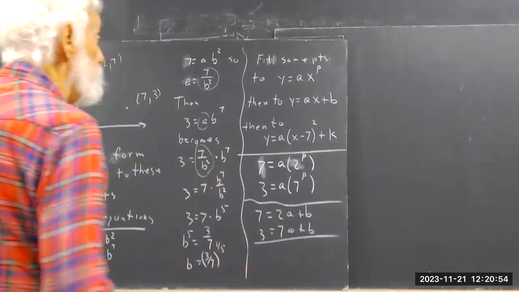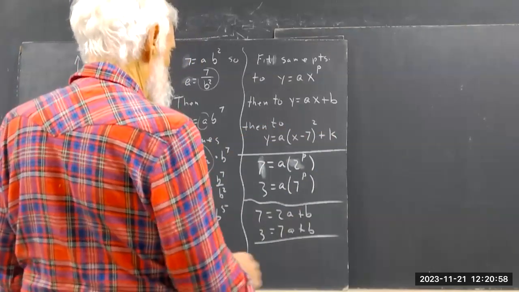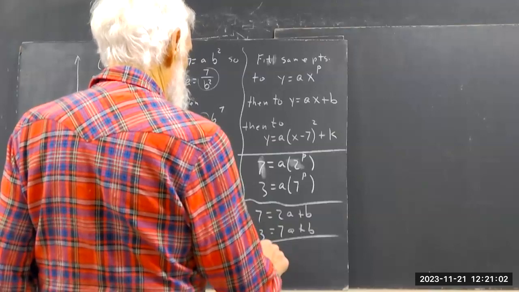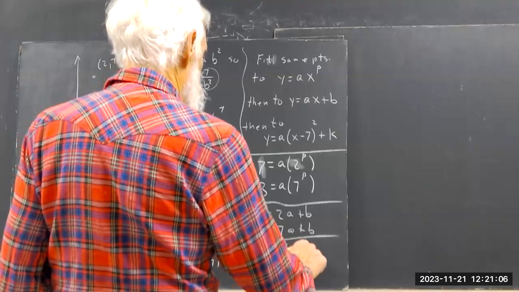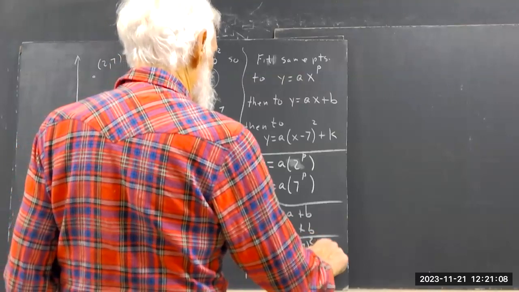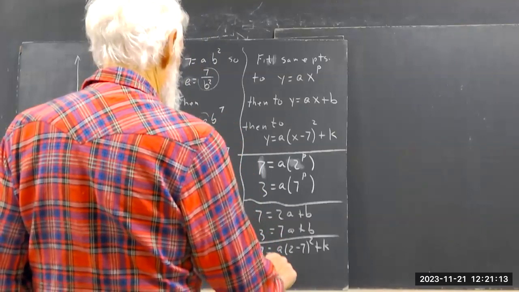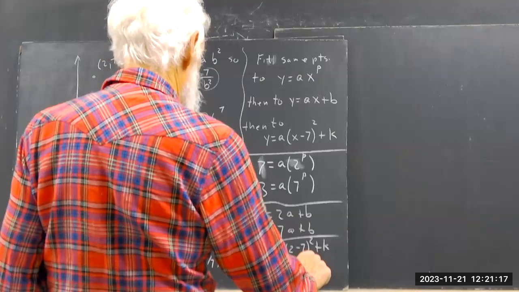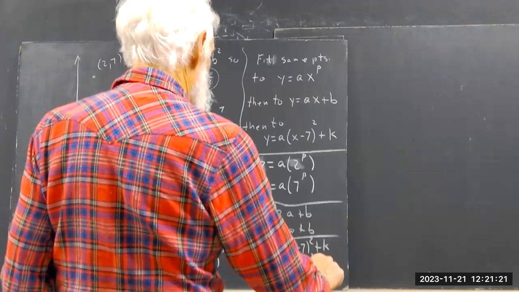And finally, this quadratic form, you would have 7 equals a times 2 minus 7 squared plus k, and 3 equals a times 7 minus 7 squared plus k.